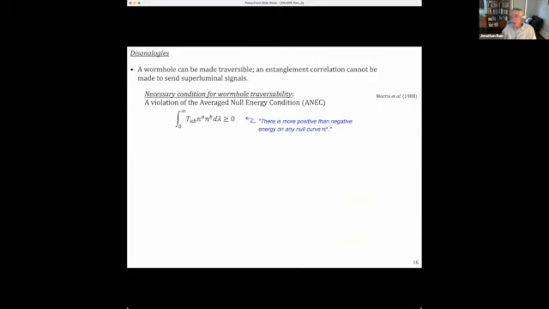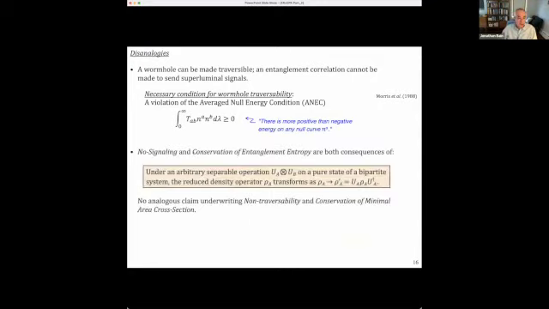So that's one disanalogy. And another seems to be the following. It turns out both the no-signaling theorem and the conservation of entanglement entropy claim from a couple slides ago are consequences of the following general claim. Under an arbitrary separable operation UA cross UB on a pure state of a bipartite system, the reduced density operator for one of the subsystems transforms in a particular way.